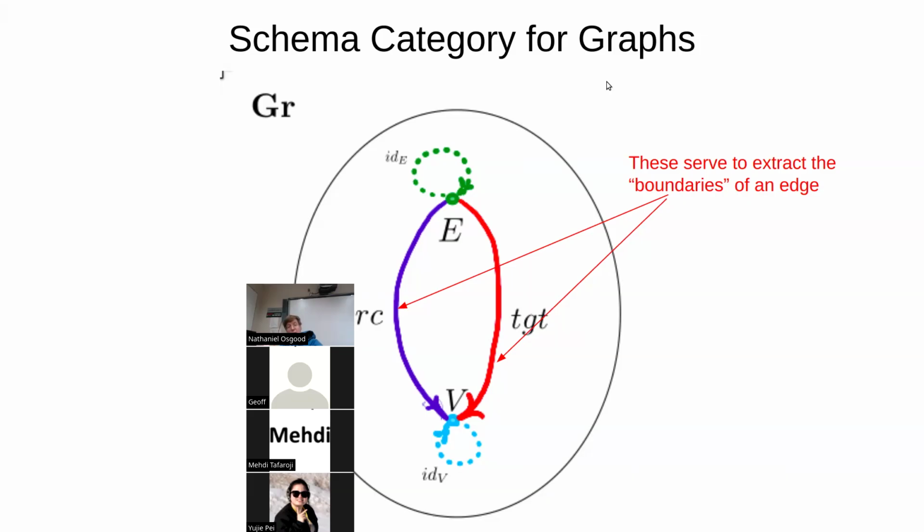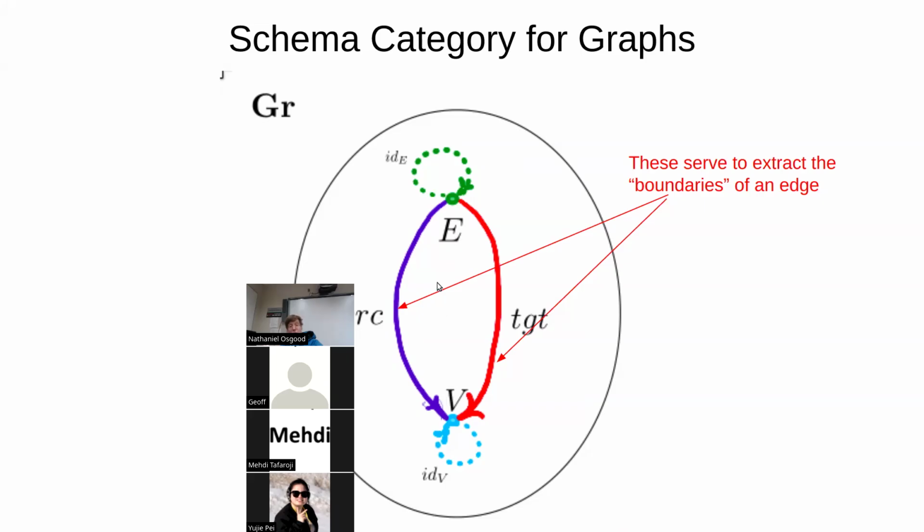And I want to draw your attention to the fact that E to V, you could think of this as going down in dimension. For a given edge, what are the two vertices on either side of it?